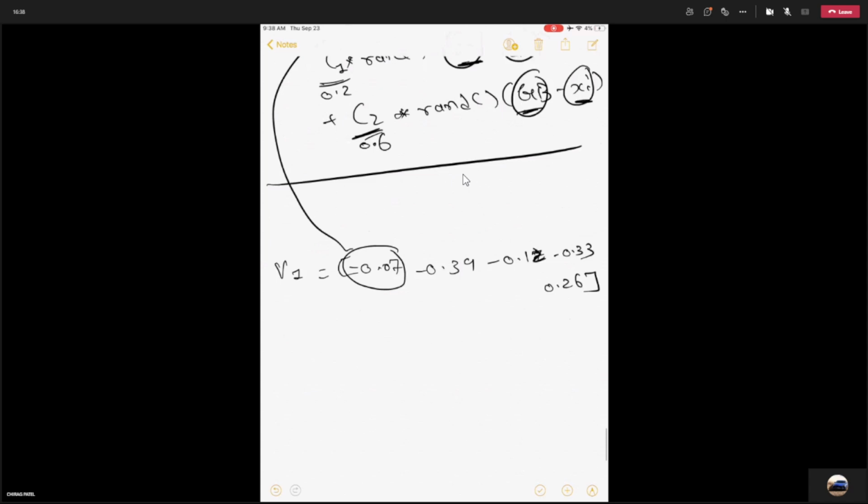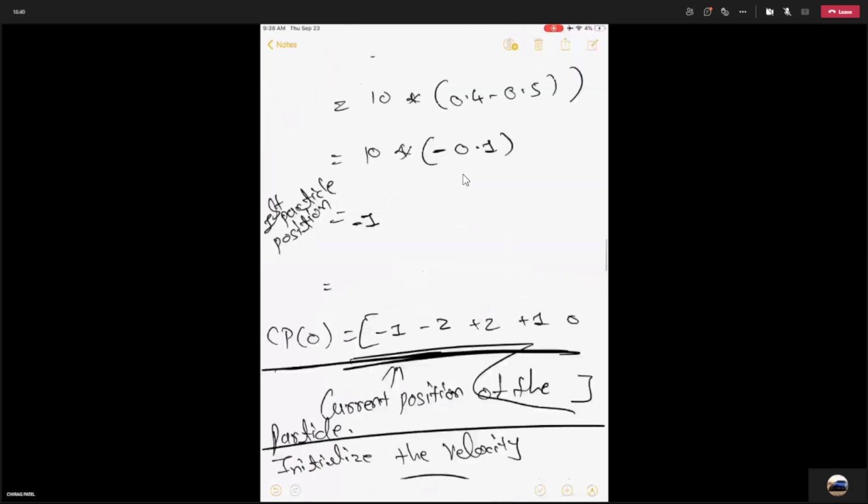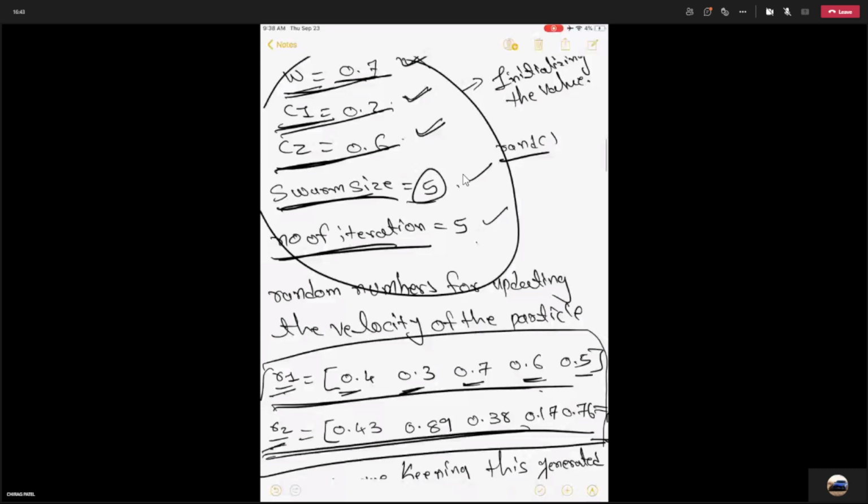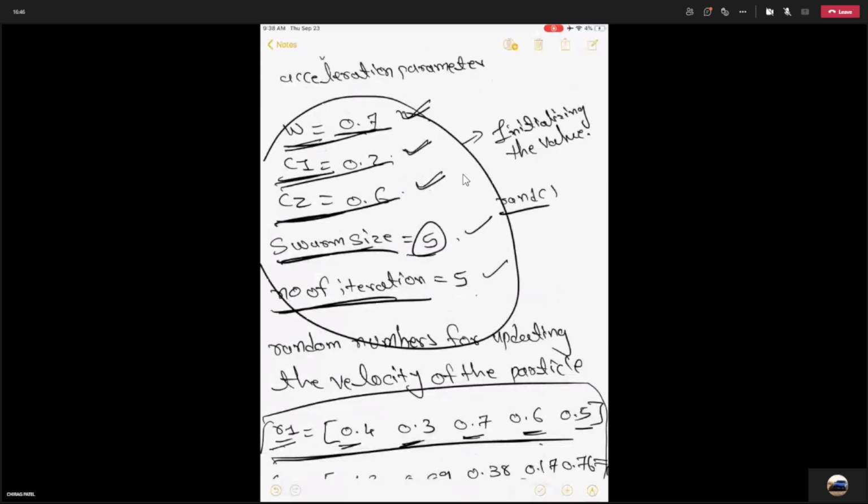We can write it down. Values: 0.7, 0.2, 0.6, C1, C2, sum is equal to 5, number of iterations is equal to 5.